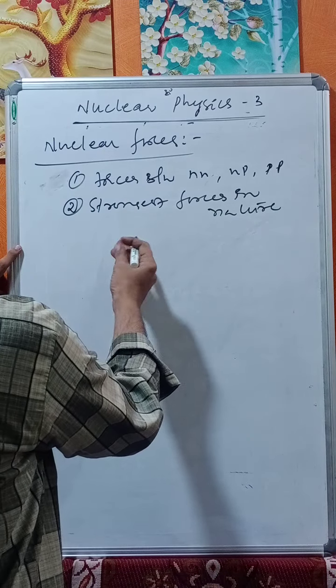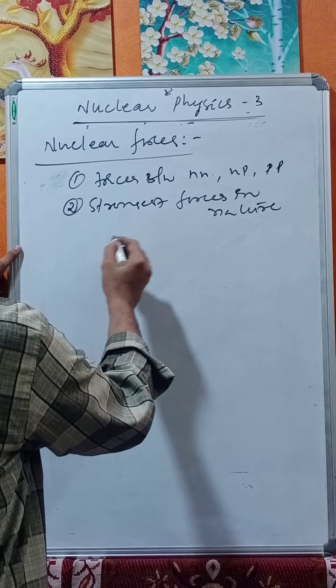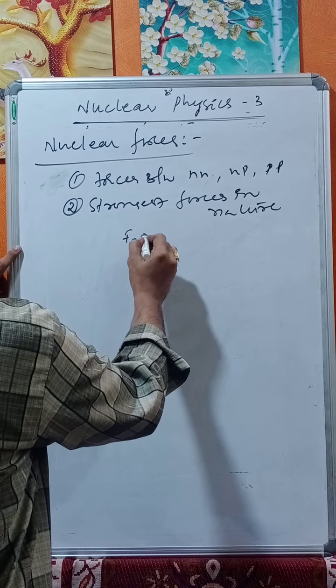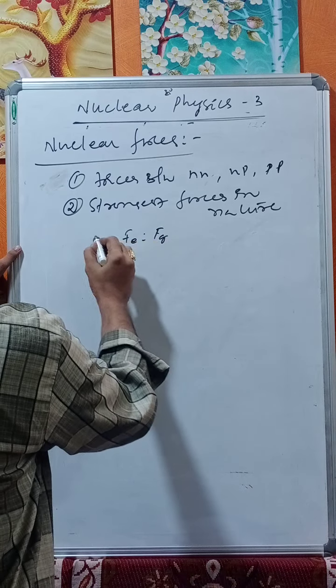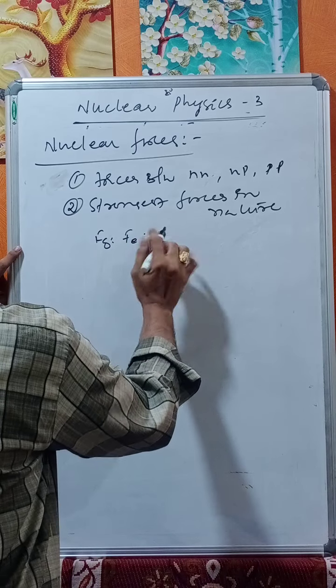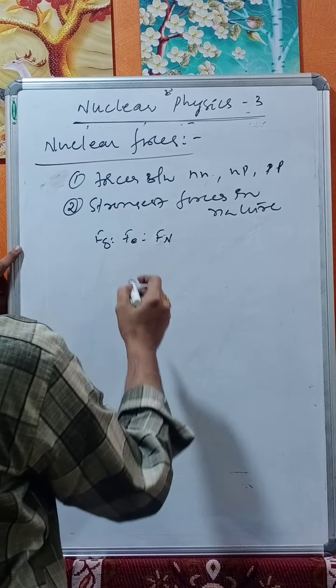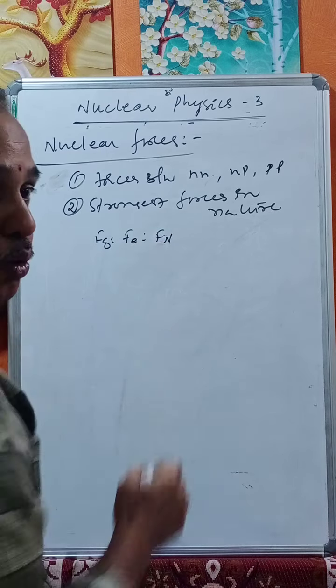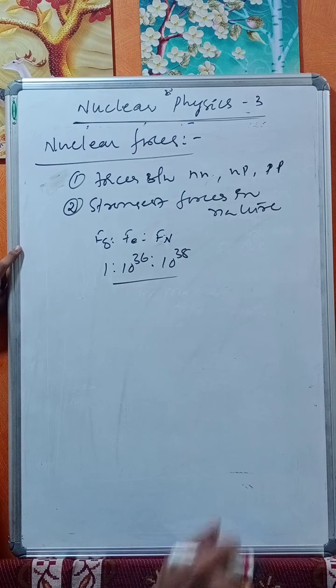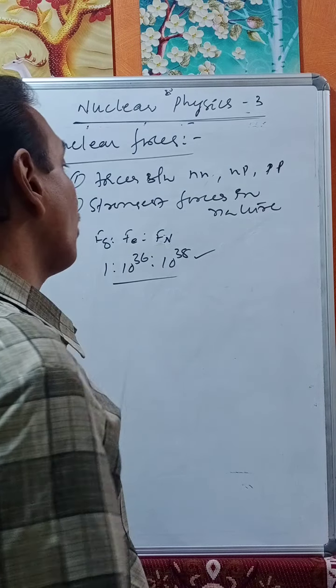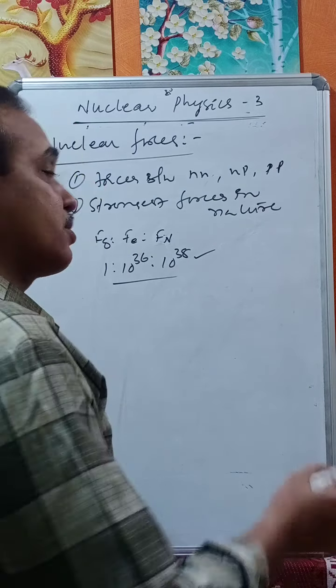If you take the ratio of gravitational forces, electrical forces, and nuclear forces, Fg to F electrical to F nuclear, this becomes 1 to 10^36 to 10^38. Therefore, nuclear forces are much stronger than the electrical forces.